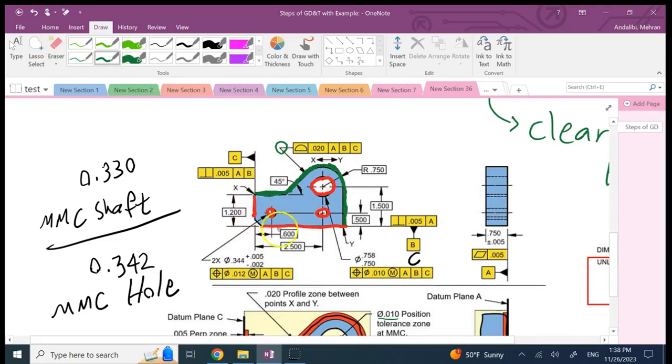Because this portion in red and this portion in red are datums, and they are already basically qualified. So here, I only need a portion of it. Therefore, at the beginning of it, I use a leader and a text, say this is point X. The end of it, I use Y, and in the profile, I say between X and Y, okay?